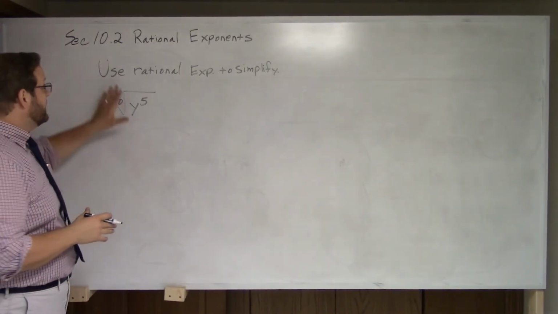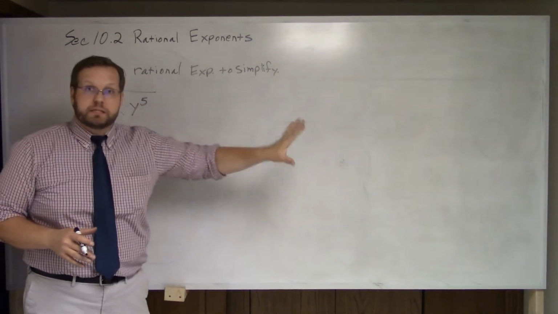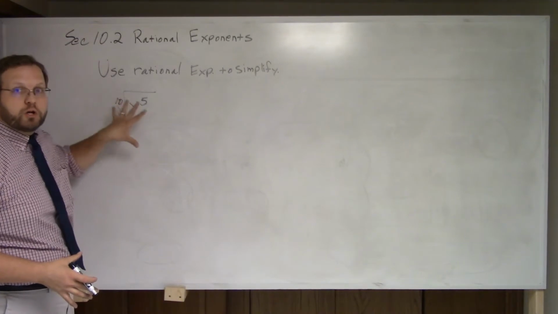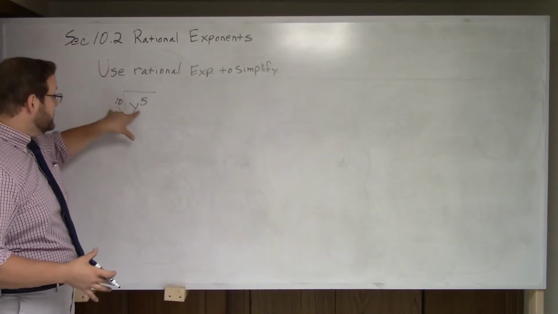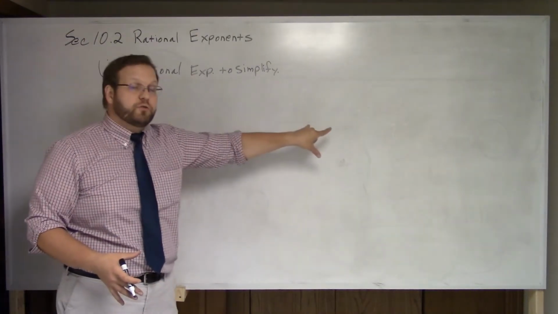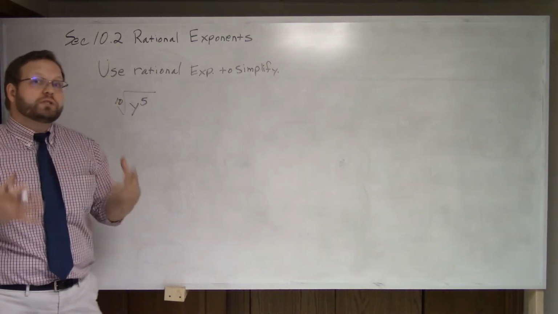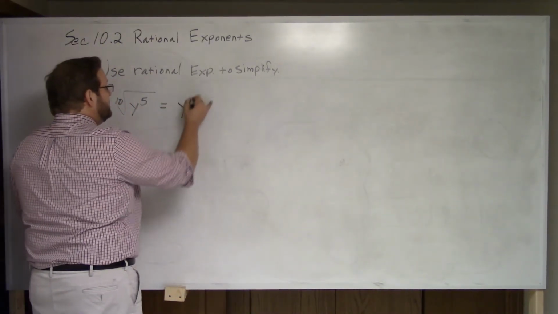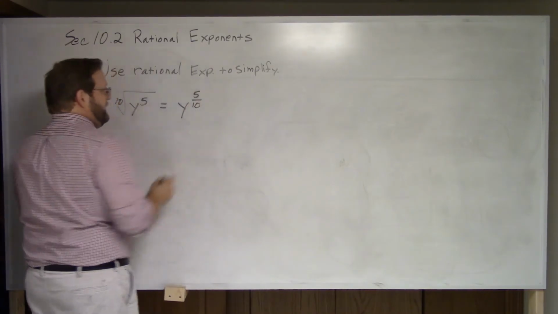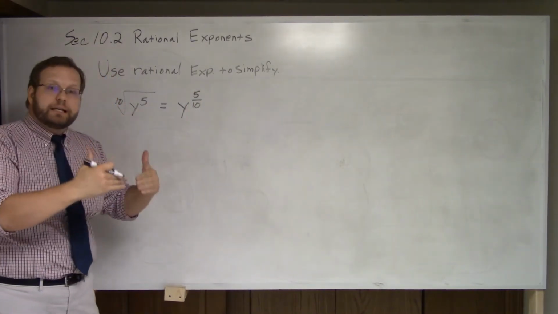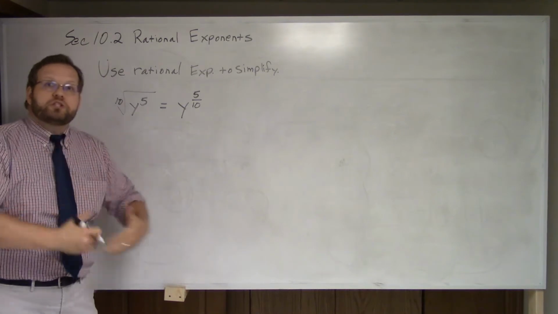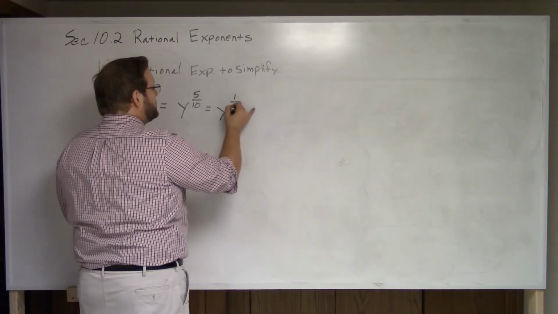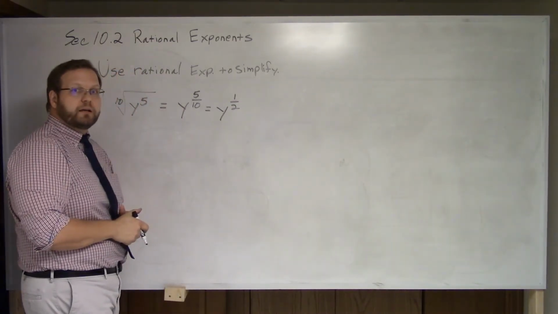Okay. Now again, it says use rational exponents to simplify. What that tells you is they don't want you to work with this radical. If they start with a radical, they want you to end with a radical, but don't use it while you're going through the problem. So what that means is I need to translate that. Convert it into that other notation. Once you make that conversion, well now wait a minute. This is a fraction that I can very easily simplify.